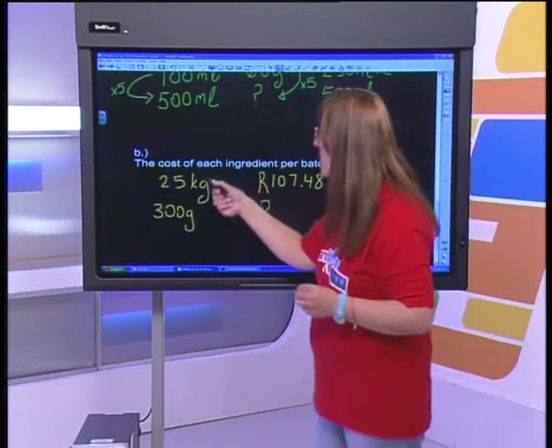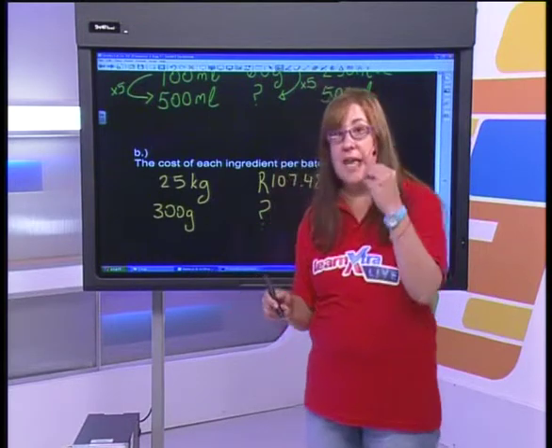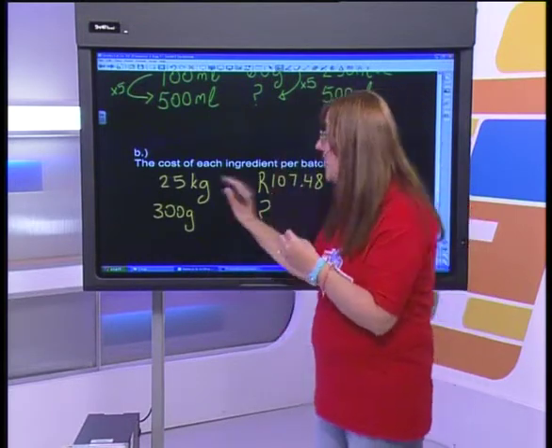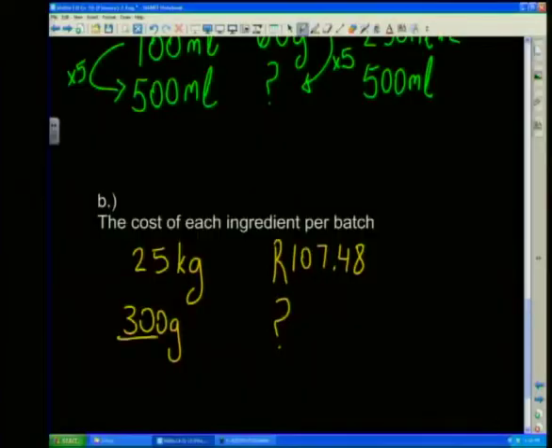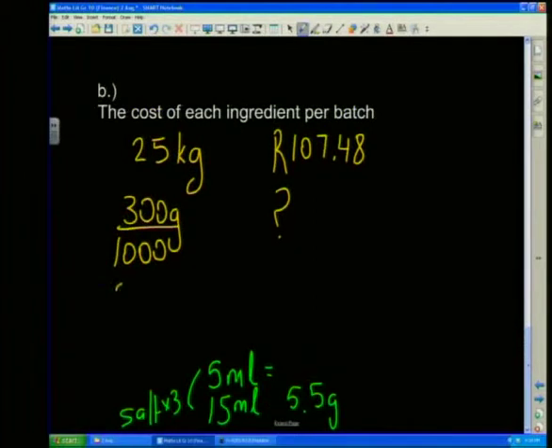Now, the one problem I have is I cannot work in grams and kilograms. So I need to convert the one to the other. I'm going to convert my 300 into kilograms by dividing by 1,000. So what do I have there? I have 0.3 kilograms. That was per batch.